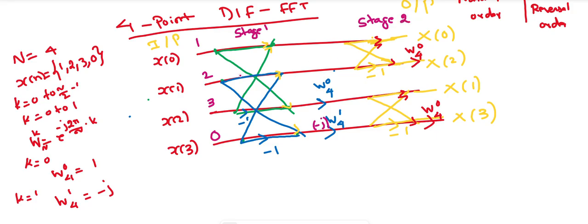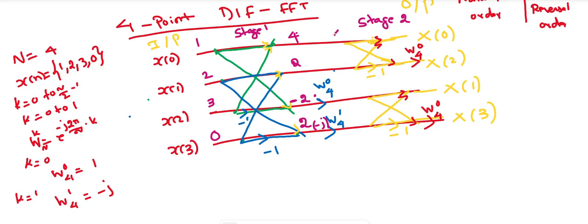First stage computation: 1 plus 3 is 4, 1 minus 3 is minus 2 into this term, then 2 plus 0 is 2, 2 minus 0 is 2, with W_4^0 as 1.